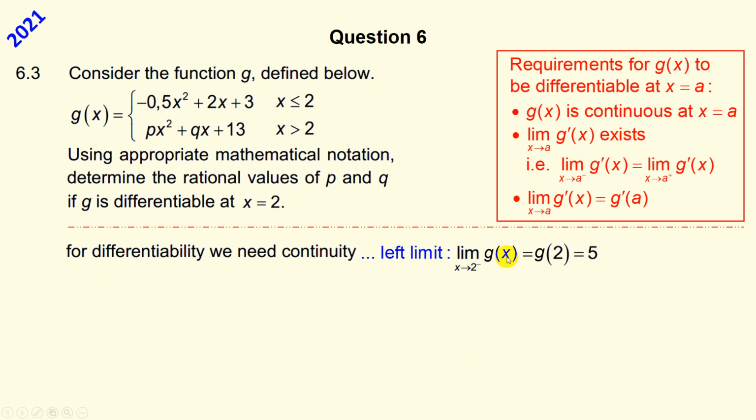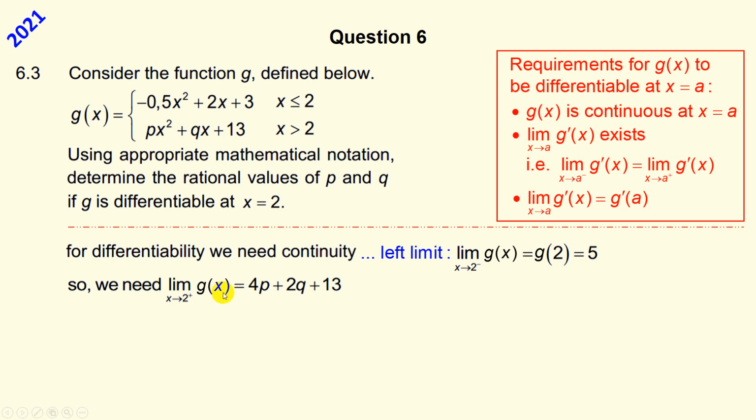Right, so left limit. We can substitute into the left limit, which is this one, for x less than 2. We're going to substitute in, and we get 5. Now we need the right limit to be equal to the left limit.